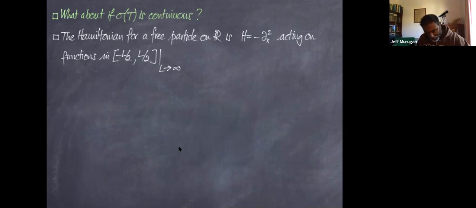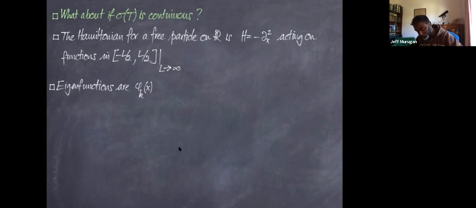The eigenfunctions of this operator are the functions, let's say, phi_k of x equal to e to the i k x. I haven't put any bounds on k.